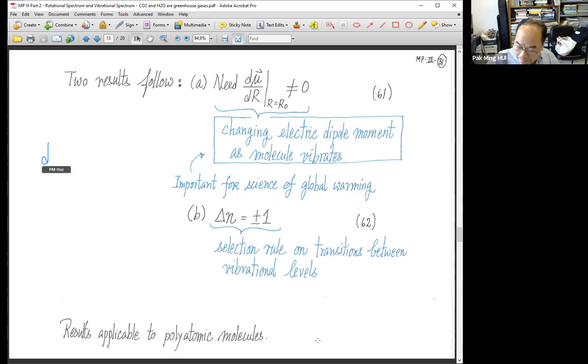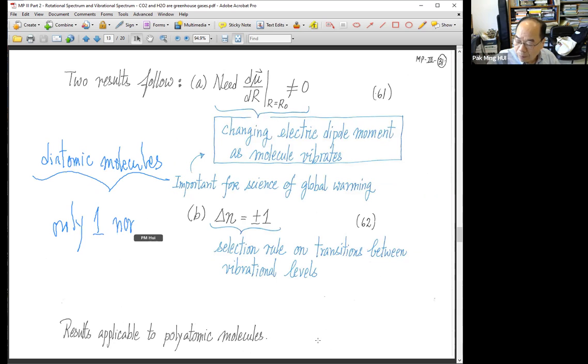Diatomic molecules have only one normal vibrational mode, okay? That is vibration. How many of you know this?